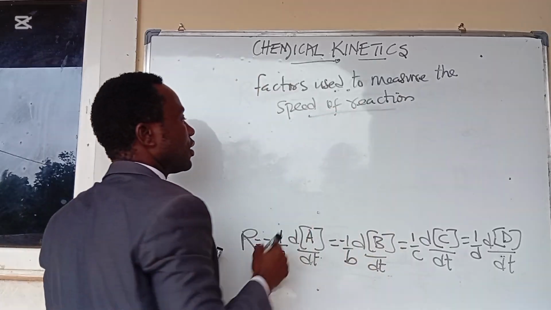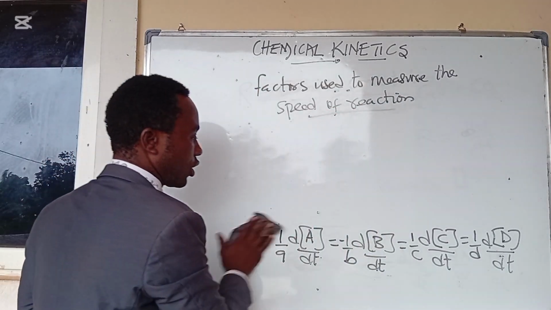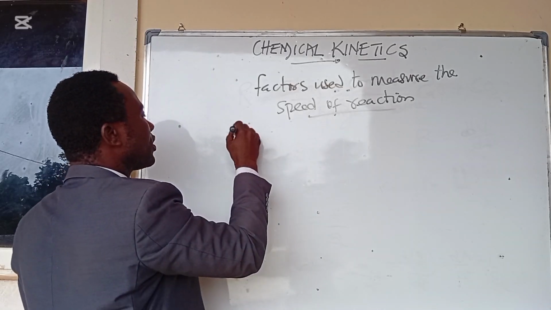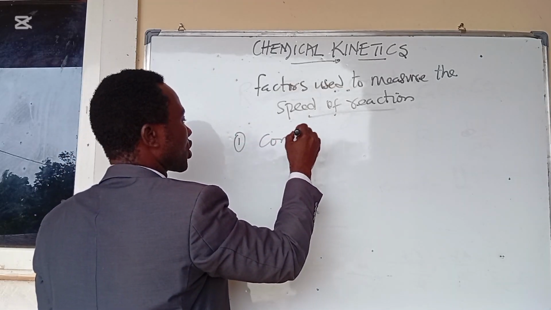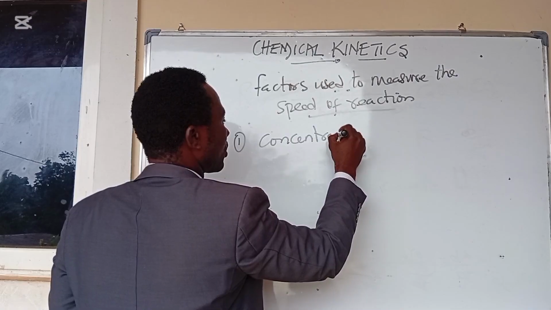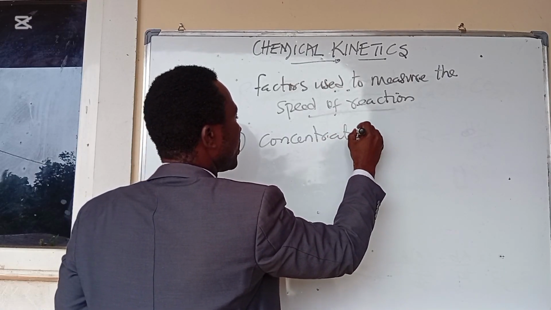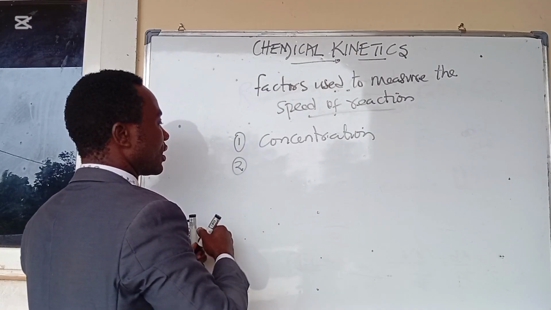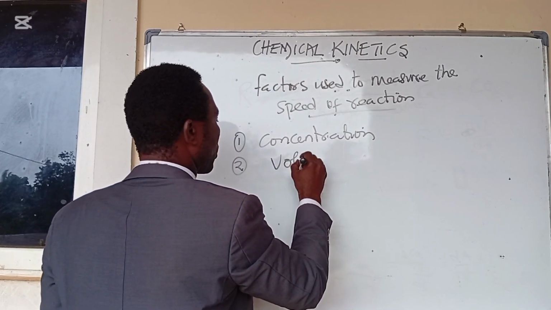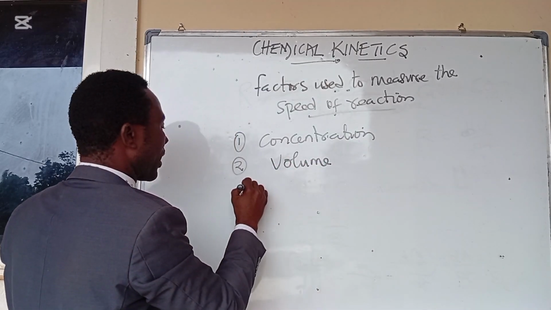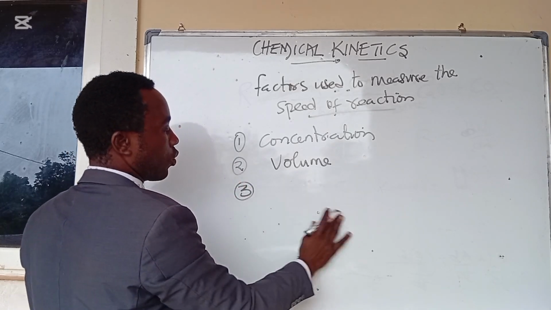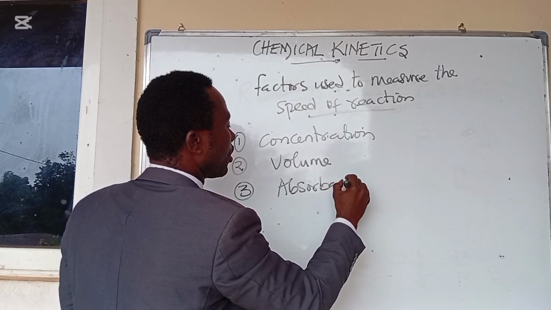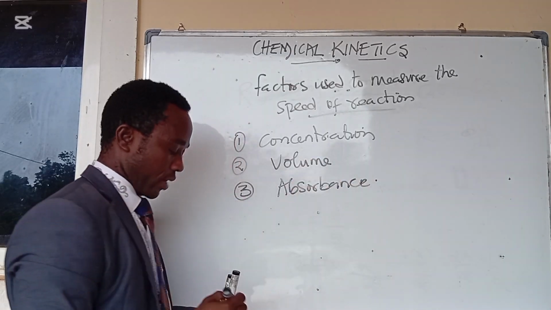There are several factors that we can use to measure the speed of chemical reaction. Number one of them is concentration. We can use concentration to measure the speed of reaction. We can use number 2, volume, to determine the speed of reaction. We can use number 3, absorbance, to measure the rate of reaction.